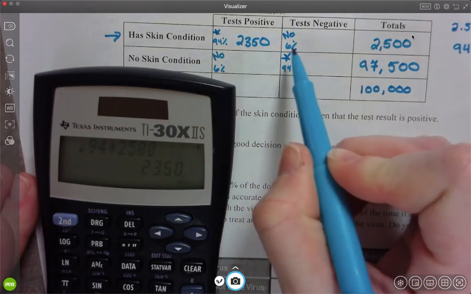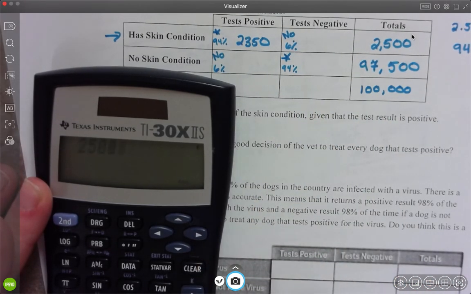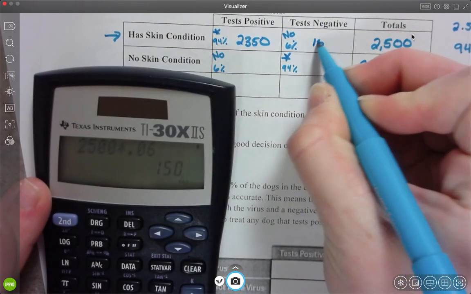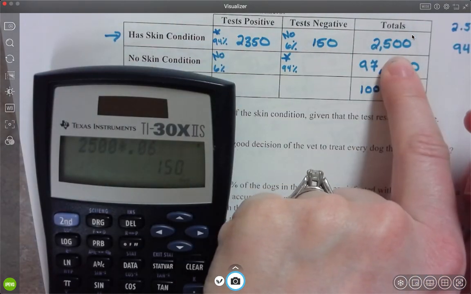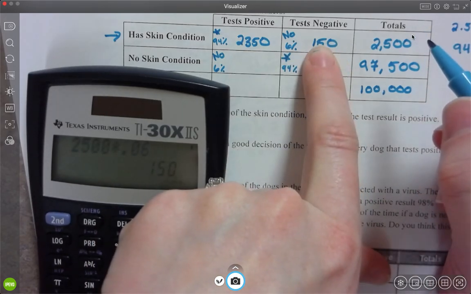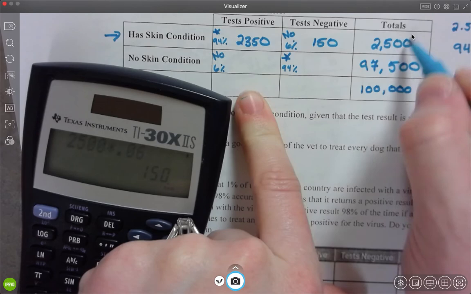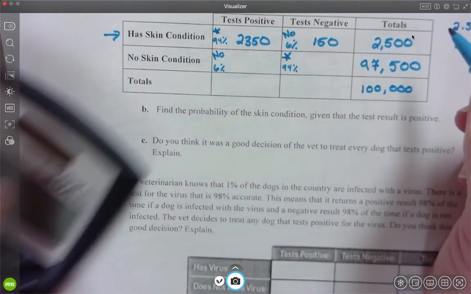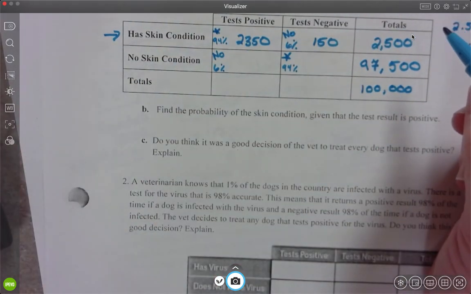So I can take that 2,500 times 0.06, which is 150, or I could have just taken this 2,500 and subtracted the 2,350 to get 150, okay? Because these two added together should give me my total over here.